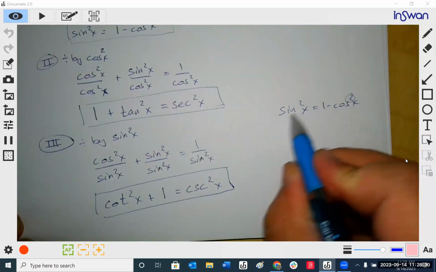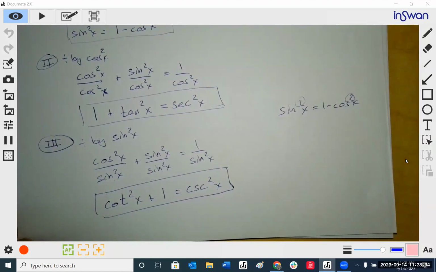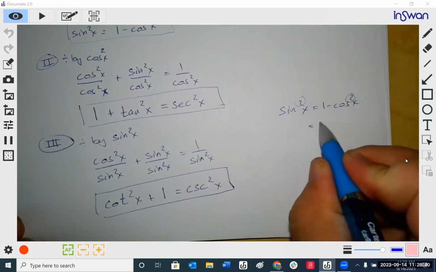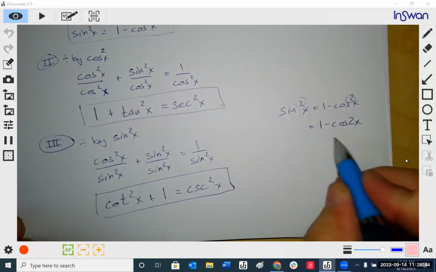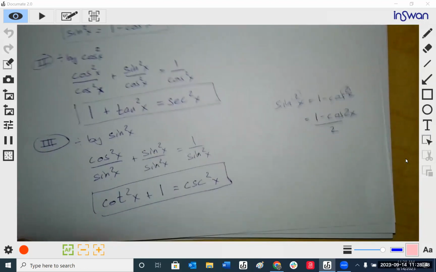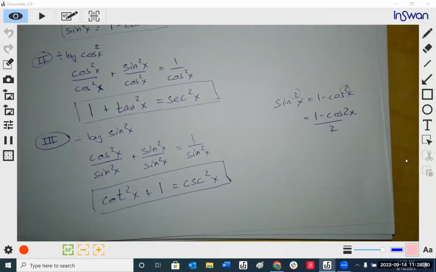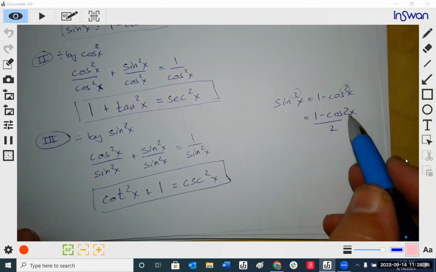What we want to do is try to find an identity that doesn't have a squared term in it. For example, sine squared x is the same thing as 1 minus cosine 2x over 2. That's one of the identities in your cheat sheets.